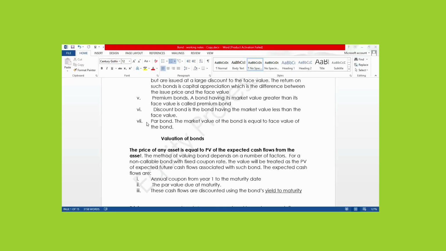Please note, a bond may be issued at a premium or at a discount or at par.